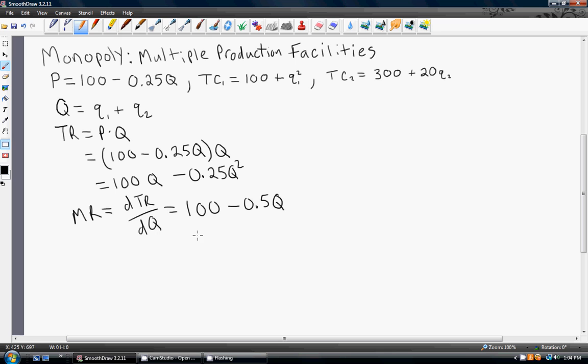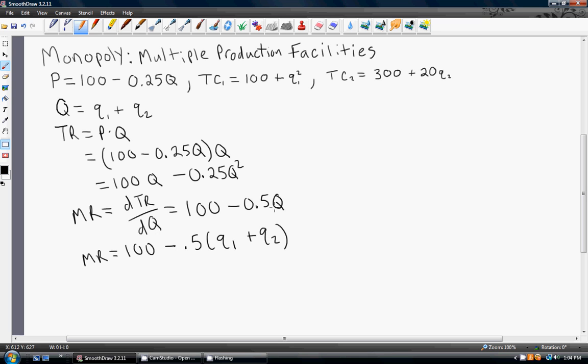Now, in this type of problem, since Q is the output coming from plant 1 and plant 2, we're going to substitute that fact into the marginal revenue equation.